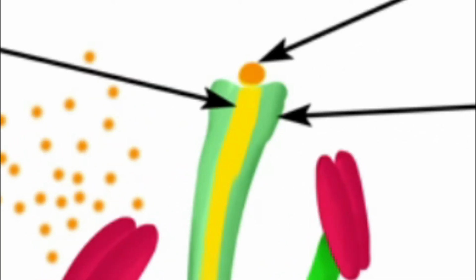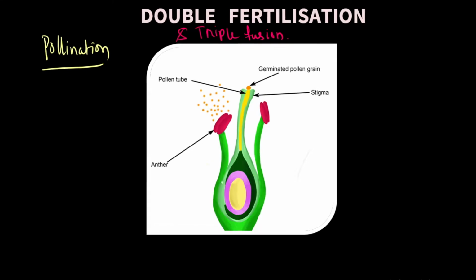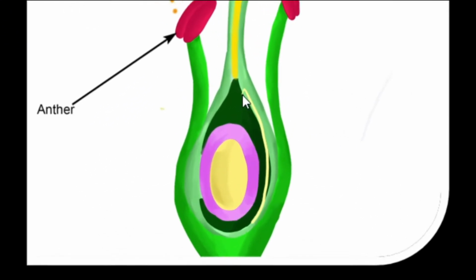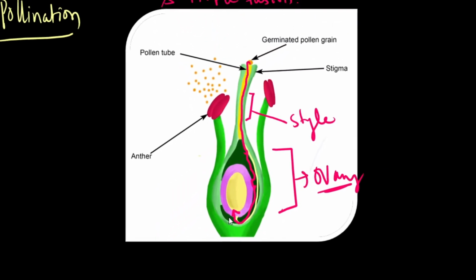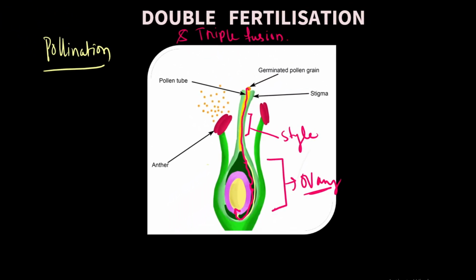Once the stigma receives the pollen, the pollen tube gets into the ovary through the style. Once it gets into the ovary region, it gets into the ovule, then into the embryo sac. How this embryo sac actually looks, that is what we are going to discuss in the next slide.